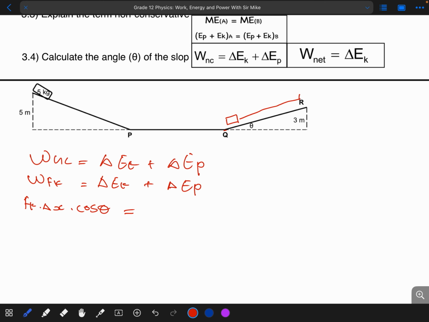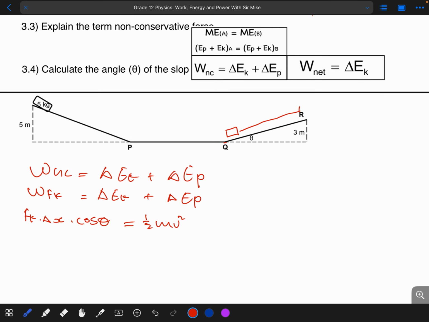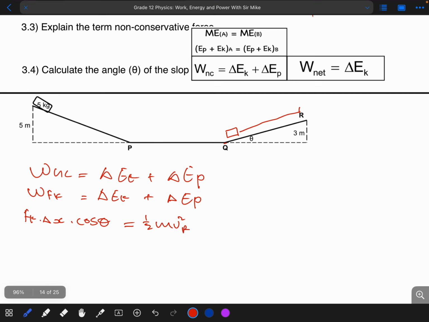So it's final minus initial: half mv squared at point R minus half mv squared at point Q, plus mgh at the final point R minus mgh at that point Q.